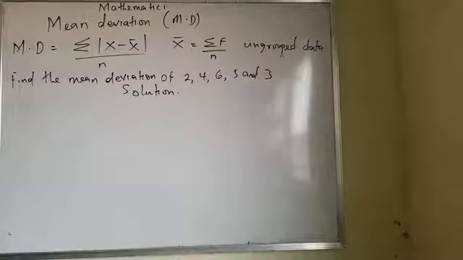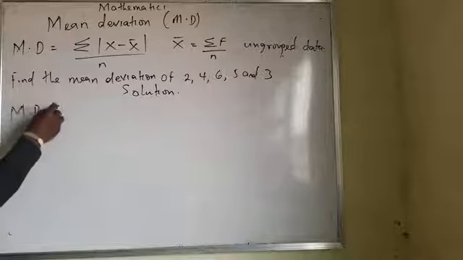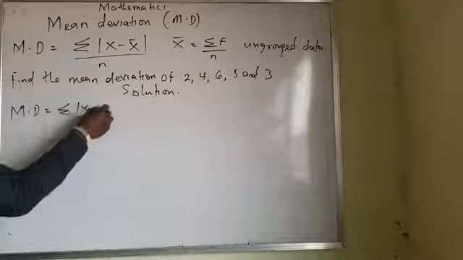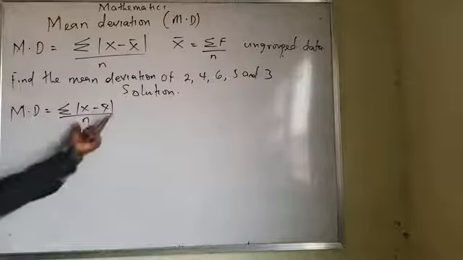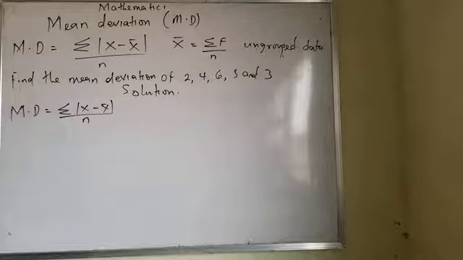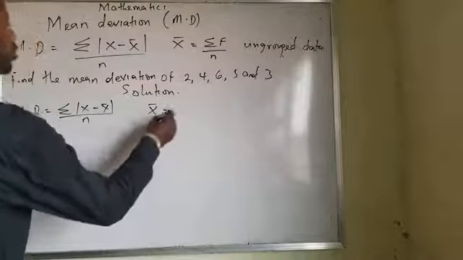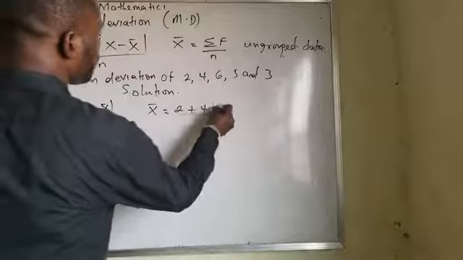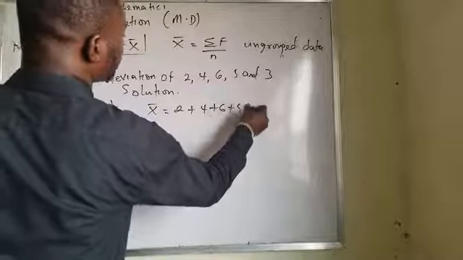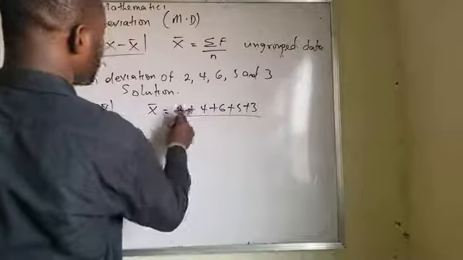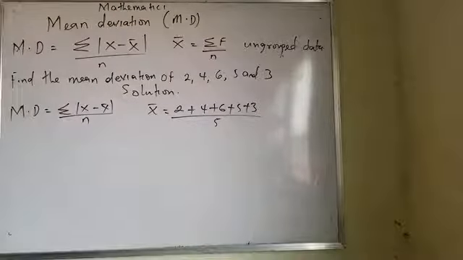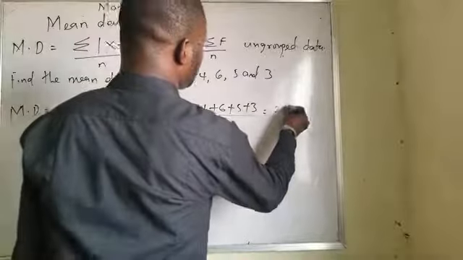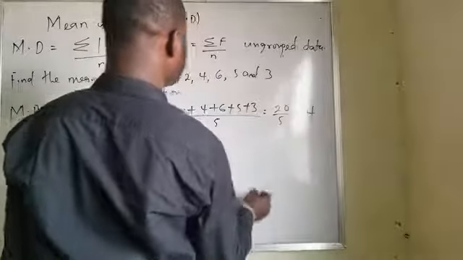What I need to do is move on by having my mean deviation, which is the summation of x minus x bar divided by N. This means absolute value; I'll explain that very soon. My mean will be 2 plus 4 plus 6 plus 5 plus 3 divided by 5, which is 20 divided by 5, which is 4. It means my mean is 4.